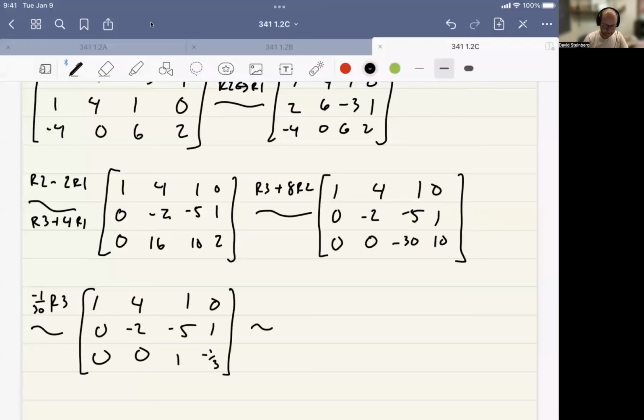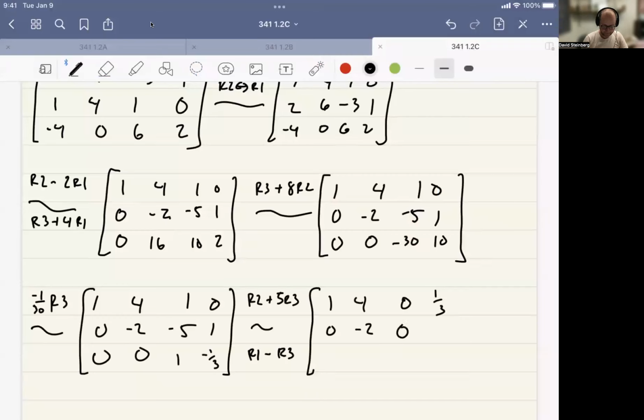And now we can take row 2 and add 5 row 3 and take row 1 and subtract row 3. So 1, 4, 0, 1/3. 0, -2, 0. Here we go.